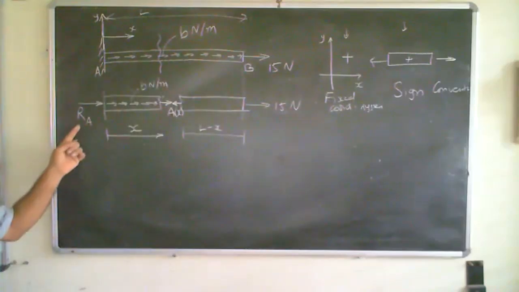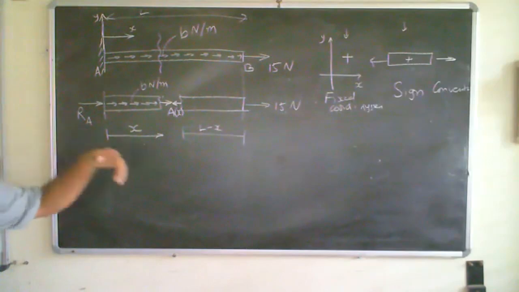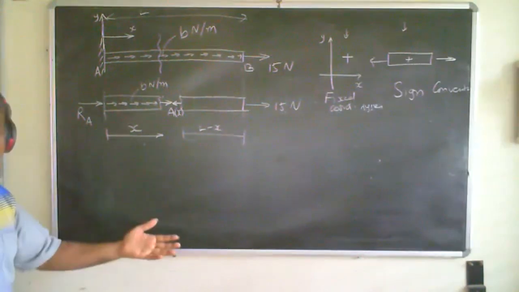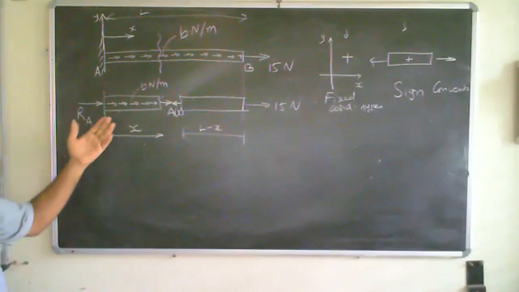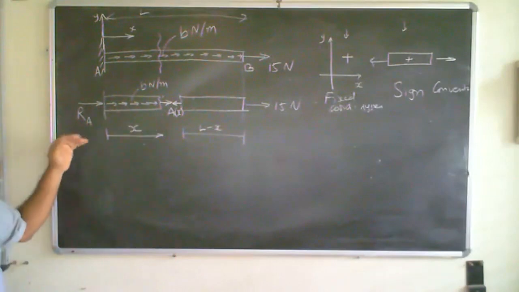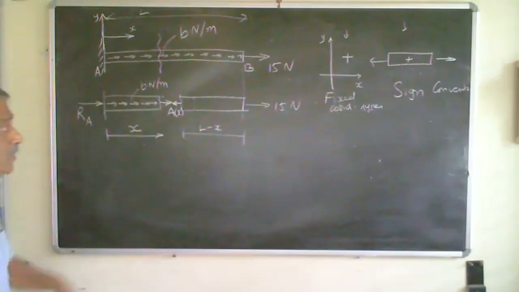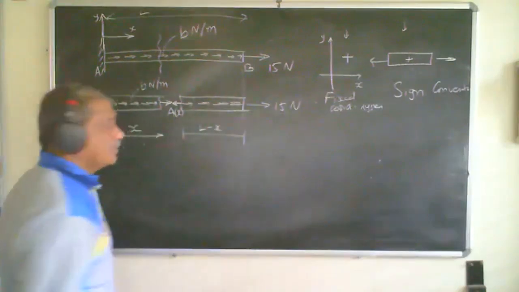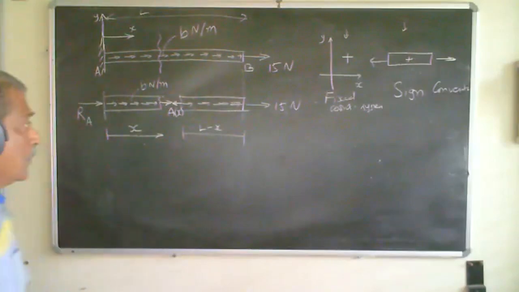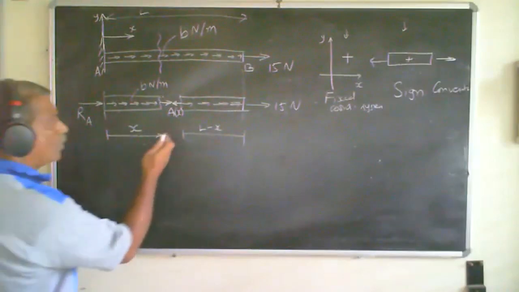Well, I don't have to find out this RA. That's why I'm doing this. If you wish to find out RA first and do it, then left hand side itself is okay. Okay, that is your choice. Whether you want to take the right hand side and do it, or left hand side and do it is your choice.